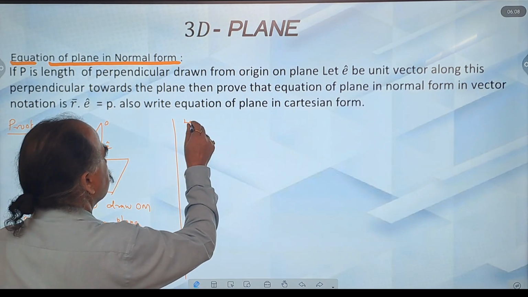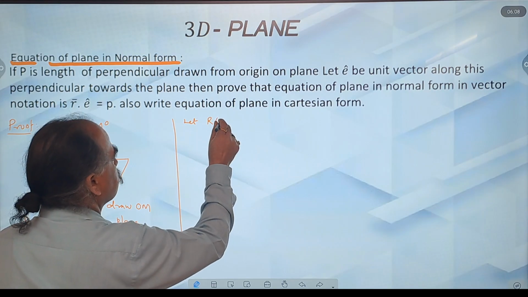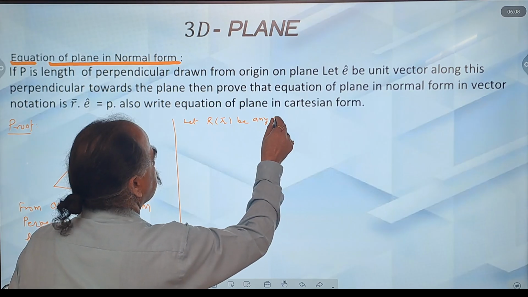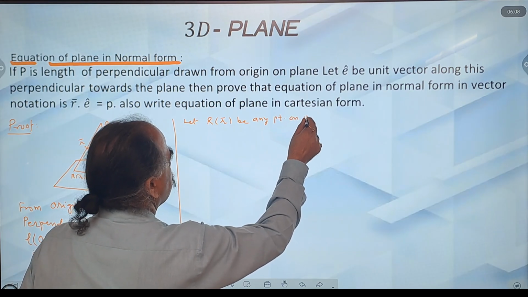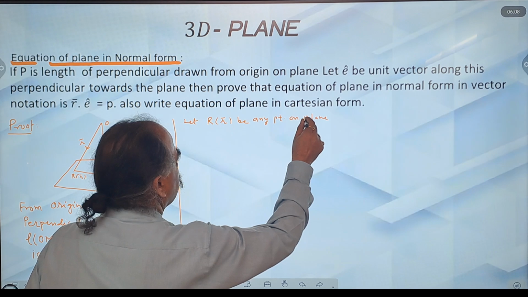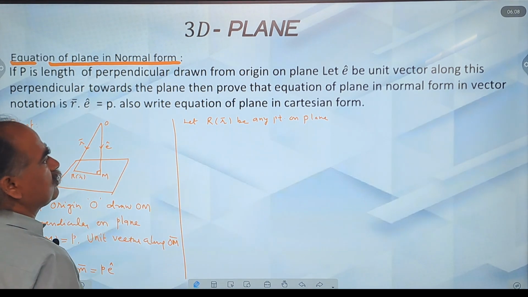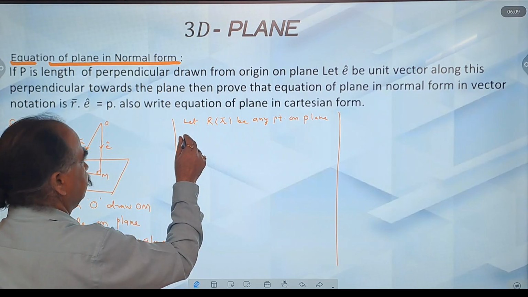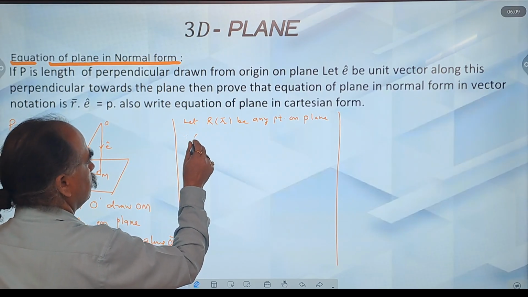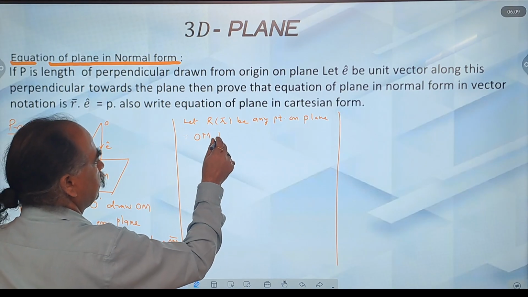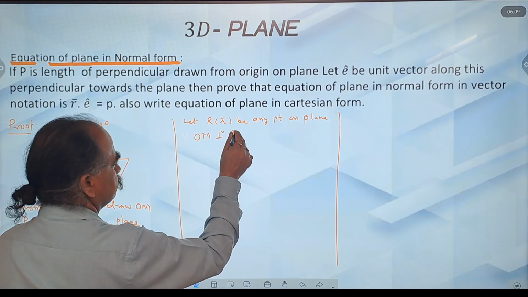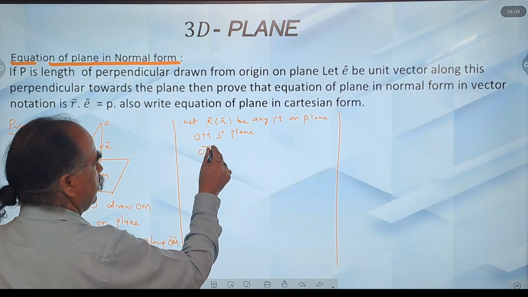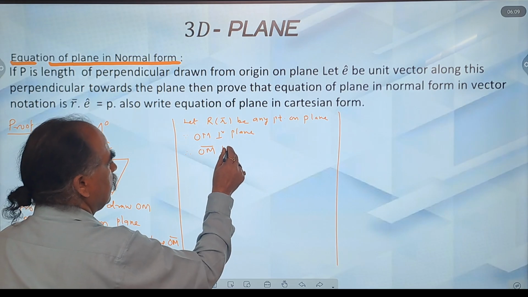Let R bar be any point on the plane. Since OM bar is perpendicular to the plane, therefore OM bar is perpendicular to MR bar.